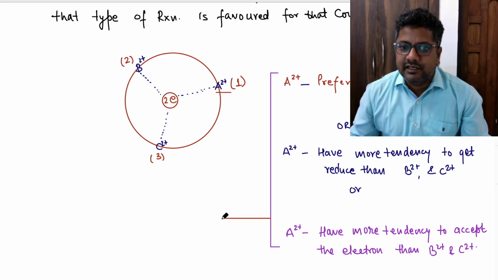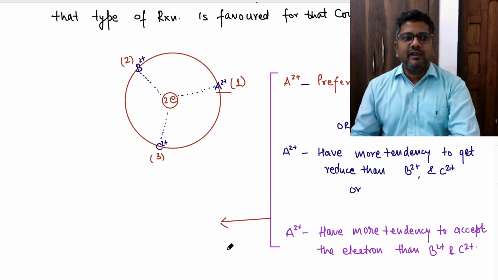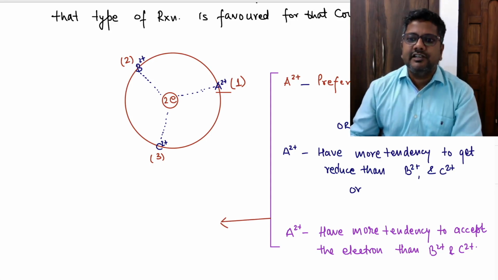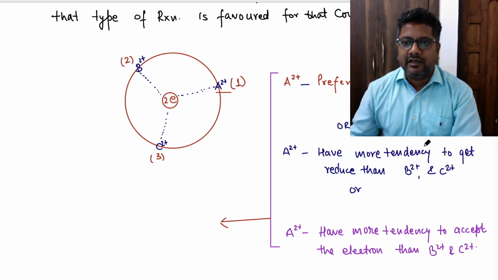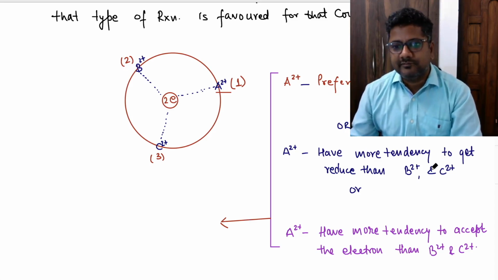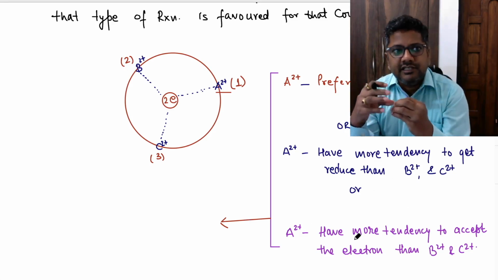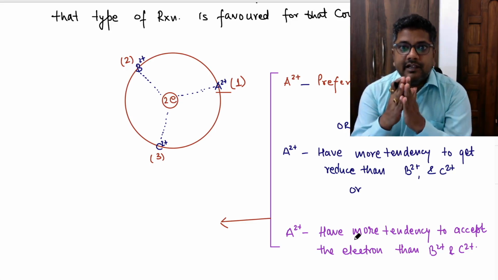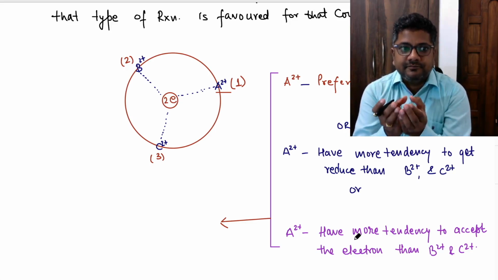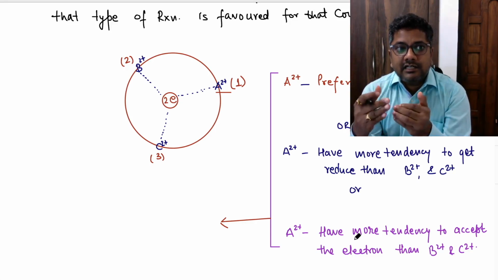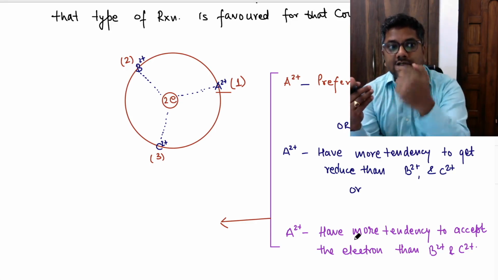So you can say that A2 plus is the best oxidizing agent among A2 plus, B2 plus and C2 plus. So reducing tendency means oxidizing nature. See, tendency is always assessed with respect to itself, and power is always compared with respect to the other.